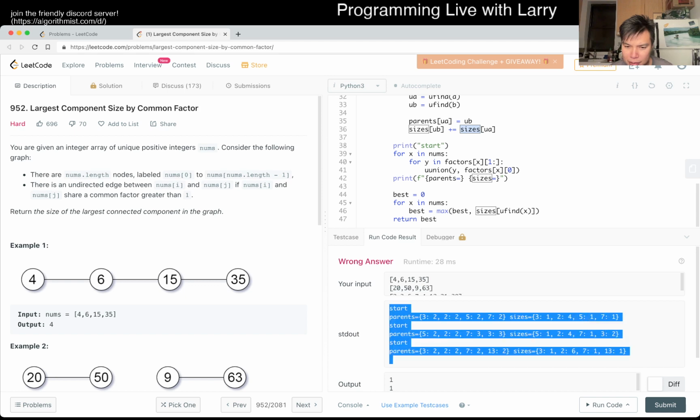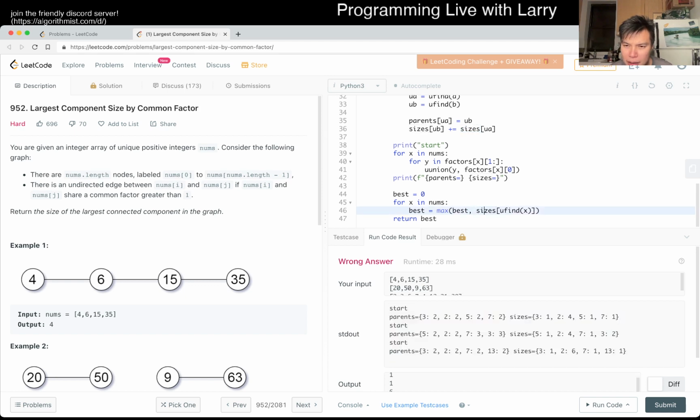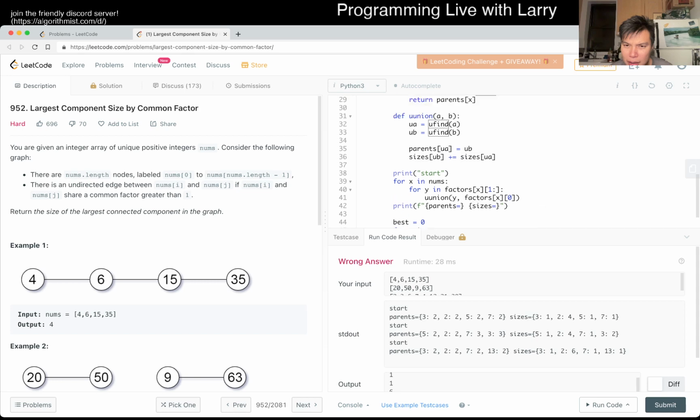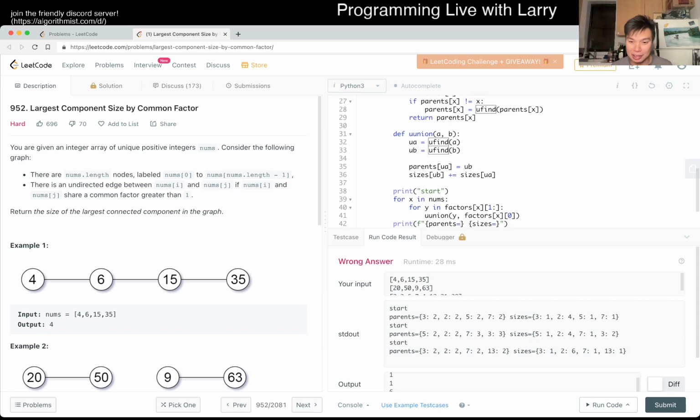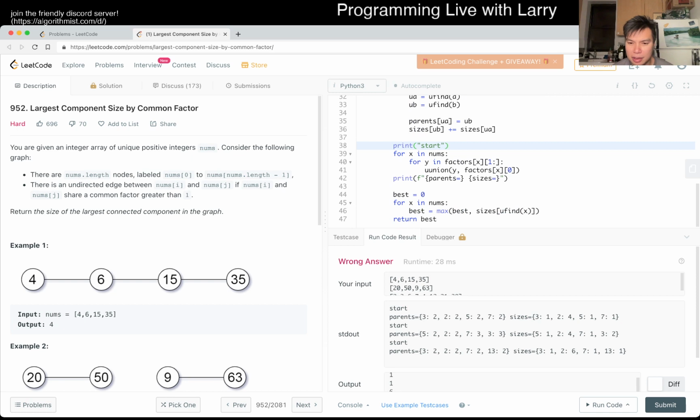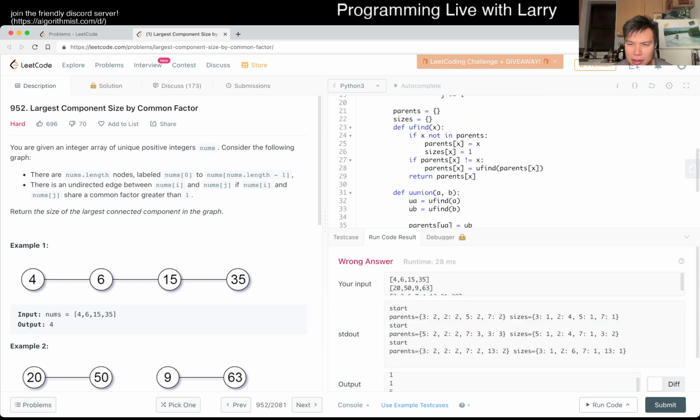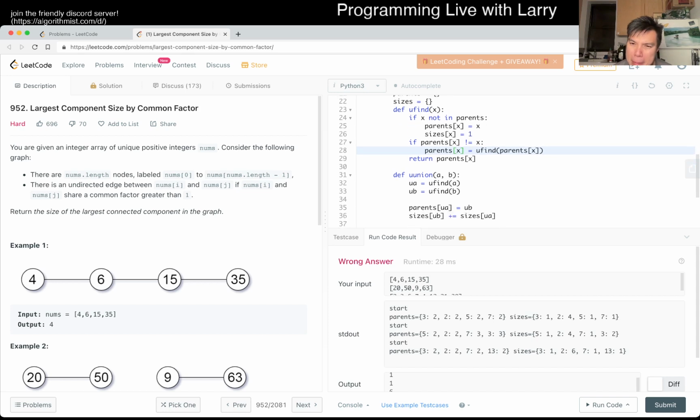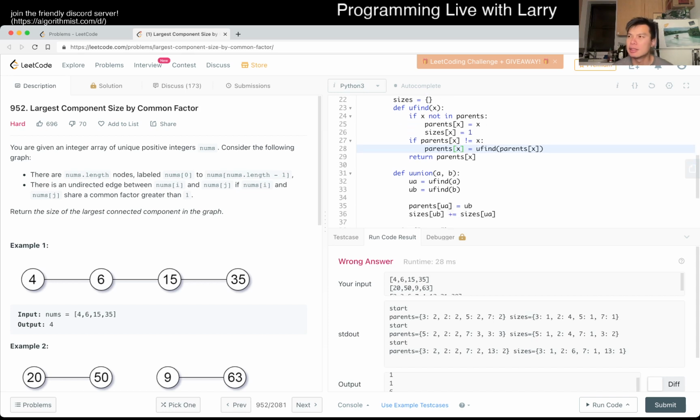Also, this one has a 3, so why am I... Something is just a little bit off, clearly. Just the sizes are not maintained correctly. Did I do this right? Maybe the path compression? Let's see.